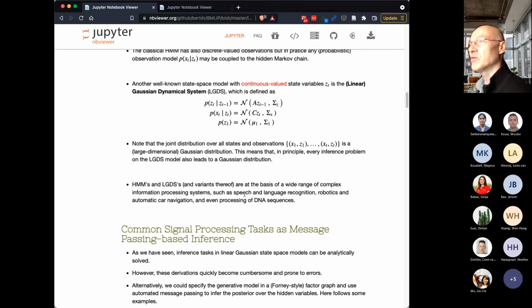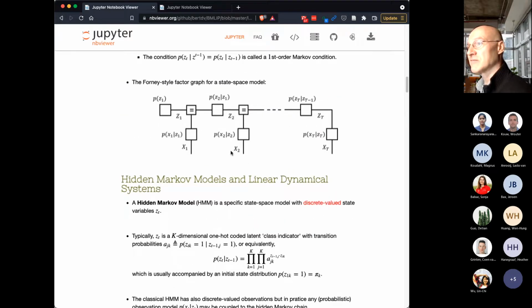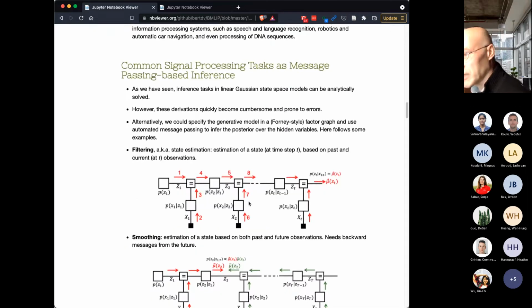In our model, we have defined here a probability distribution, p(x_t | z_t). What is the probability distribution for X2, once I know the state Z2 is given, right?